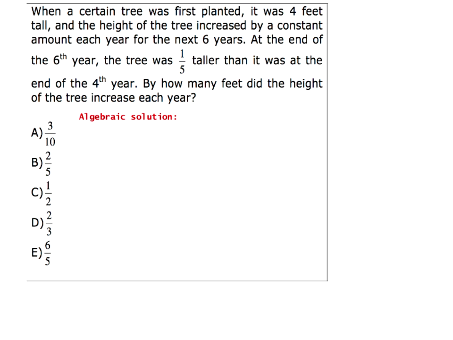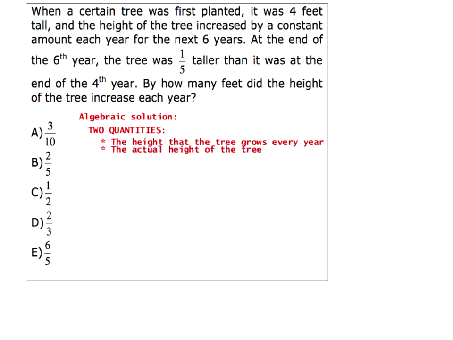If that's what you mean, then maybe. But I mean, you've got two quantities here to consider. Like there's the height that the tree grows every year. And then there's also the actual height of the tree. And the question is, which one of these depends on which other one?